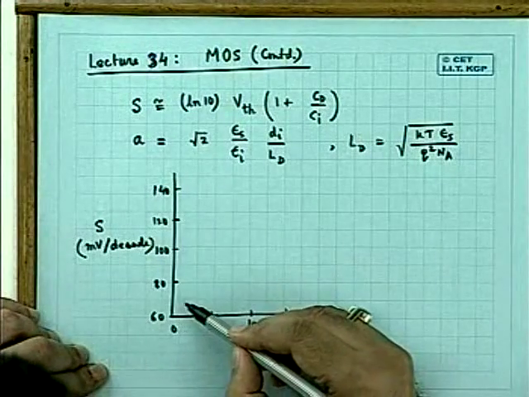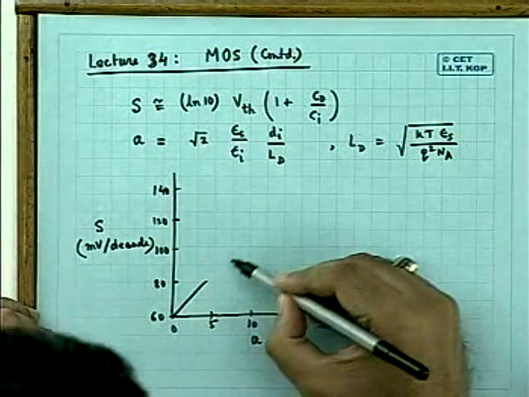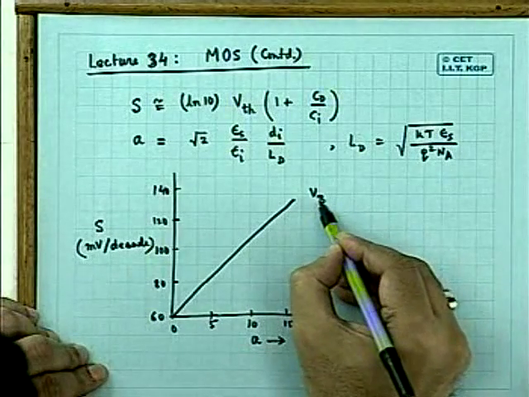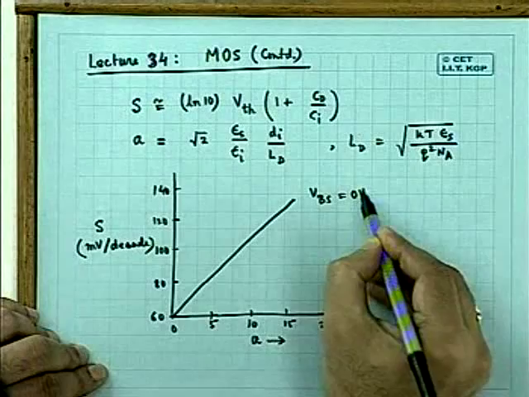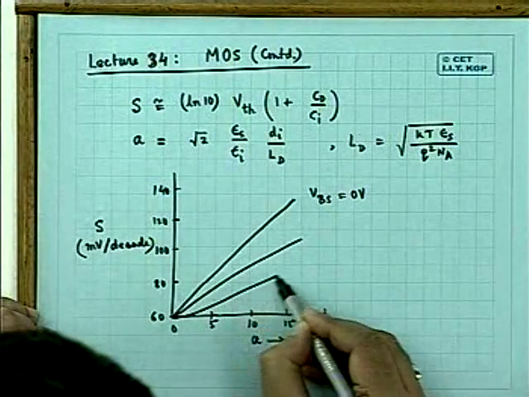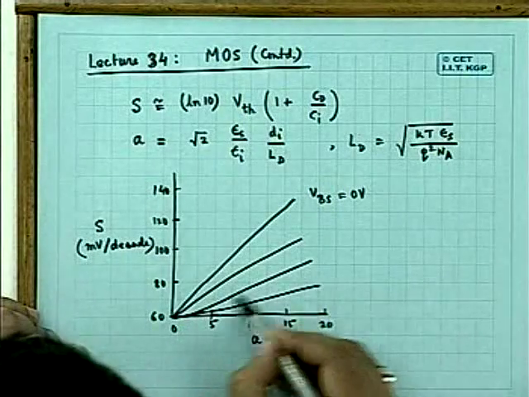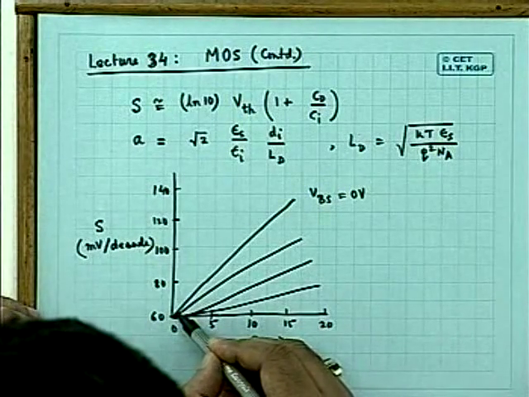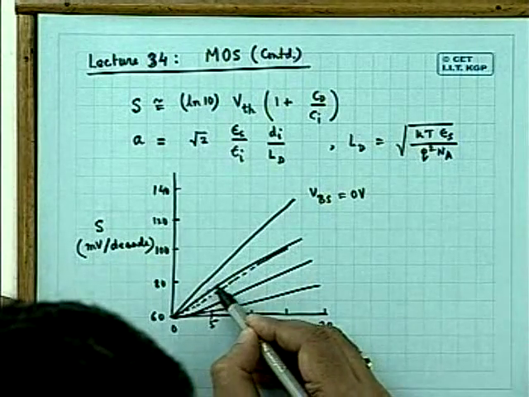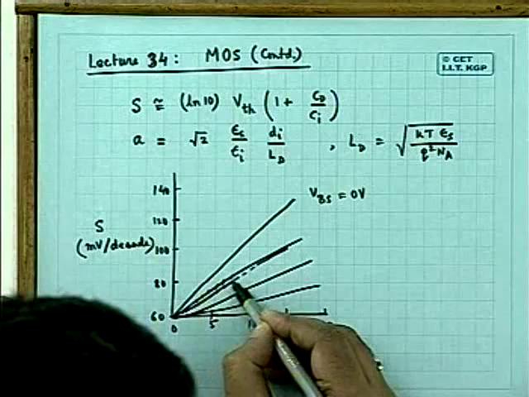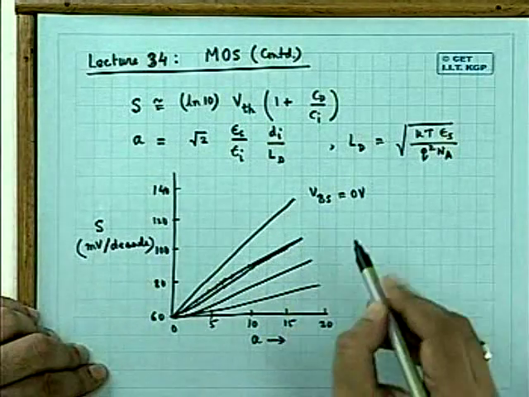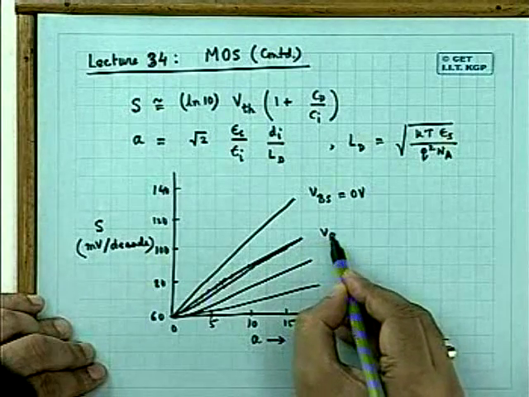We get interesting results, something like this for typical calculations. It should be like this actually. This is for different values of VBS.